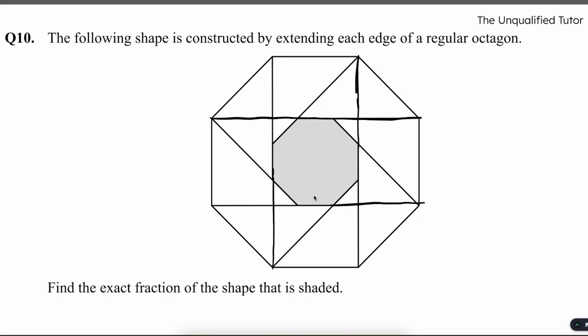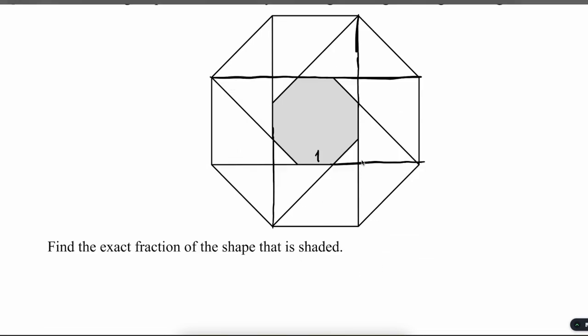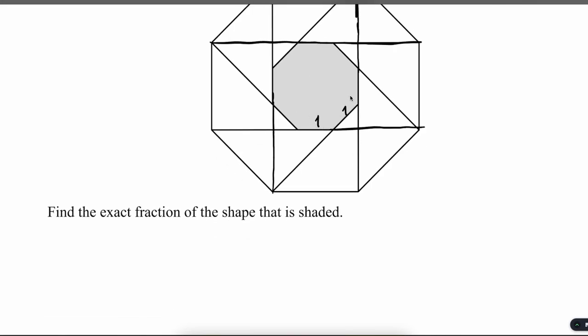For example, let's take the length of the inside shape to be 1. Okay, this is going to help us to find this big length here. So if this is 1, then we know that this here is 1, because all the sides of a regular shape are going to be the same.